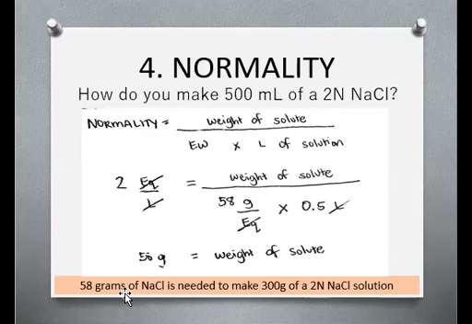So 58 grams of sodium chloride is needed to make 500 ml of a 2 normal NaCl solution. Or you can actually say 58 grams of NaCl is added to a solvent to make 500 ml of a 2 normal NaCl solution. So pwede yun siya. And then don't forget to box the final answer.